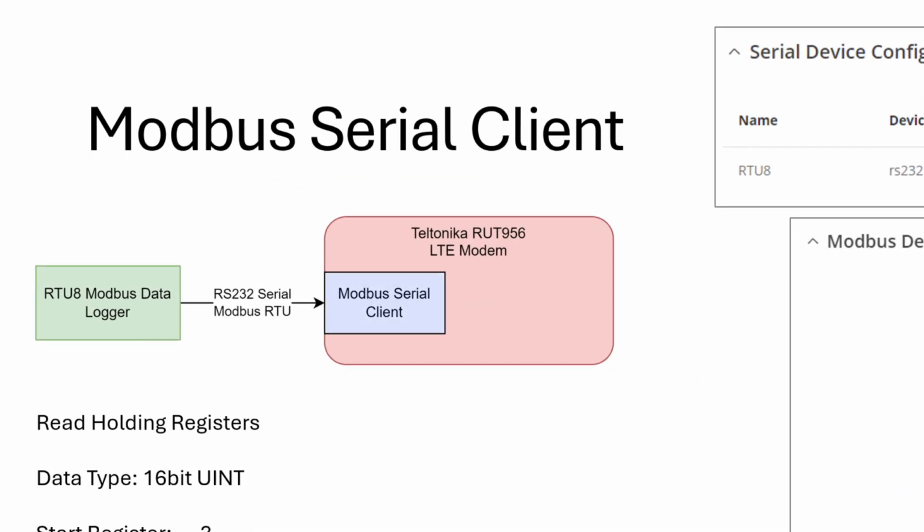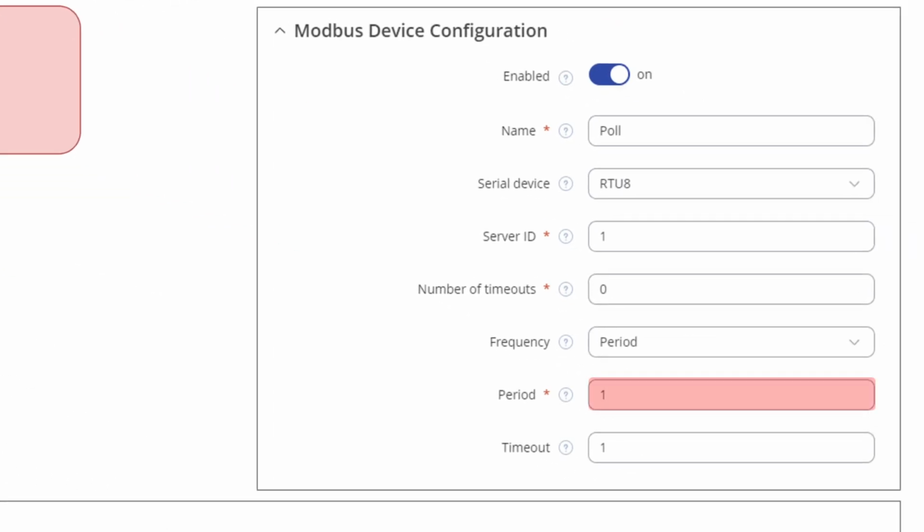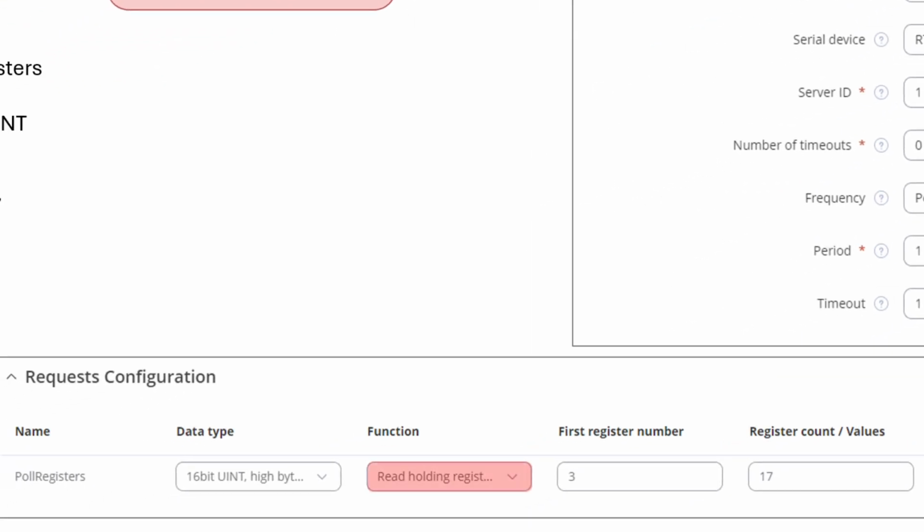This client sits in the RUT956 and handles the task of regularly polling the RTU. In this case, I've set it to a 1-second interval. The client is configured to use the read holding register function with a 16-bit data type, and it will read 17 registers starting at address 3.